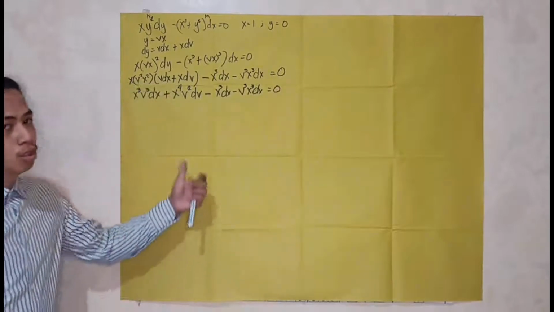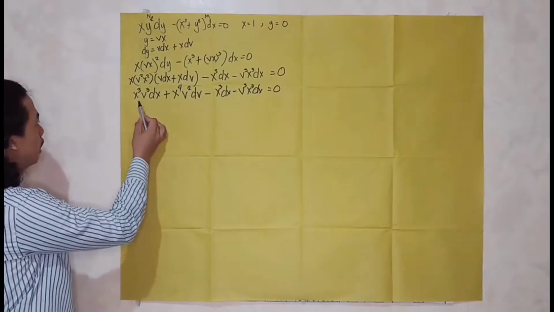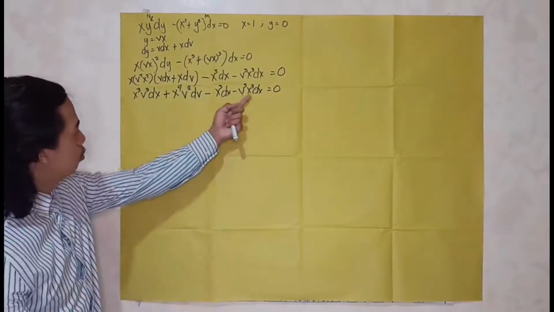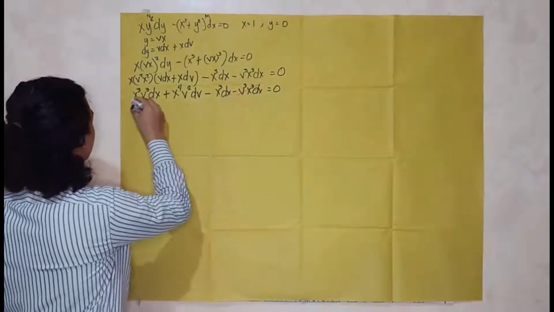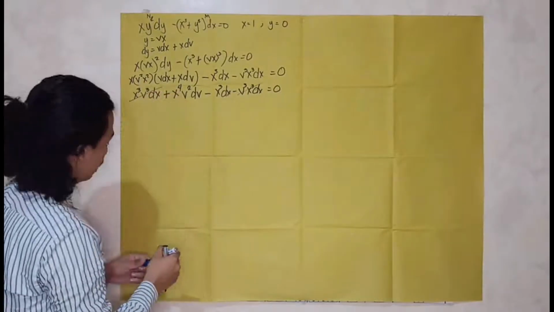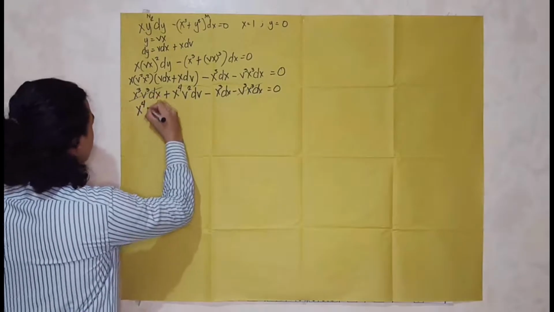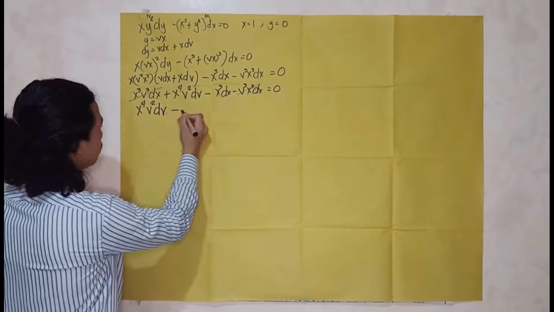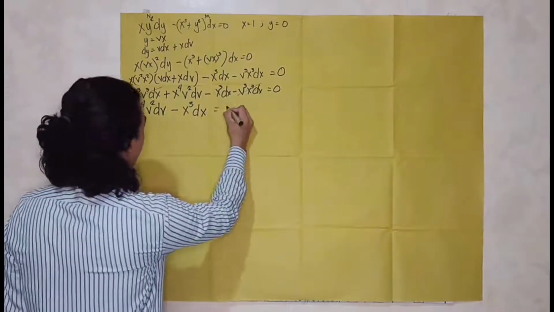So makikita nyo, meron tayong pwedeng i-cancel: x cubed v cubed dx minus x cubed v cubed dx. So cancel na natin. Cancel na yan. So matitira sa atin ay x to the 4th v squared dv minus x cubed dx is equals to 0.